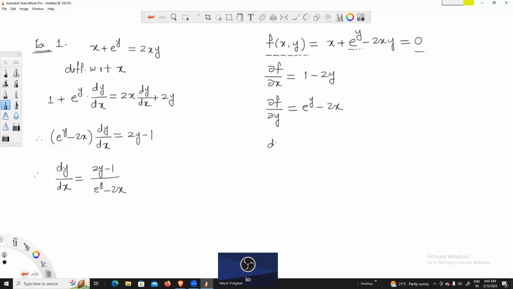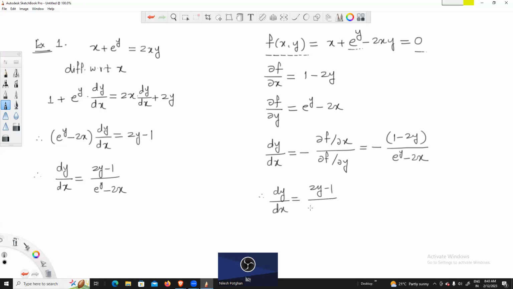And if you remember, you have the relation dy by dx equals minus del f over del x divided by del f over del y. So minus of 1 minus 2y divided by e raised to y minus 2x. So what did you get here? dy by dx is 2y minus 1 divided by e raised to y minus 2x.